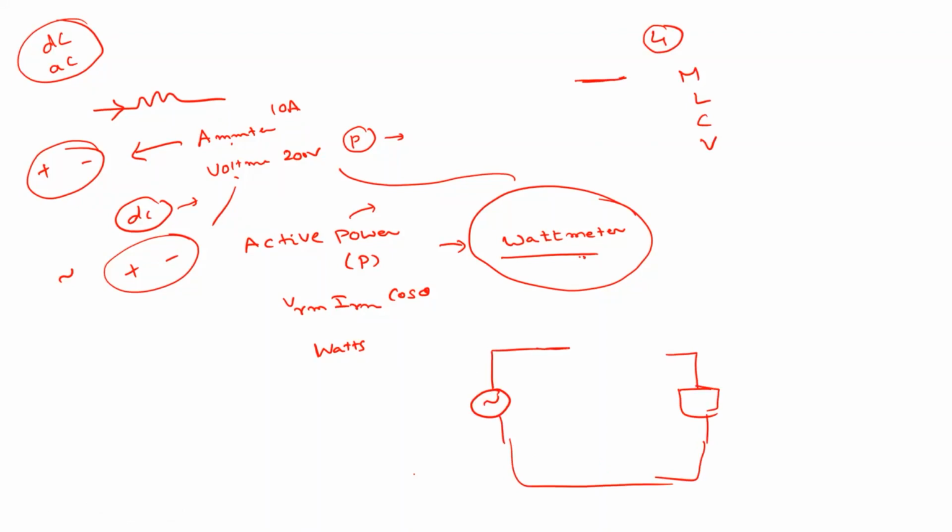So you have a current coil. In a wattmeter, there are two coils. One is the current coil and the other is the voltage coil. Sometimes this voltage coil is known as the pressure coil. So you have two coils: the current coil and the pressure coil. The current coil usually has very low resistance R. Why very low?